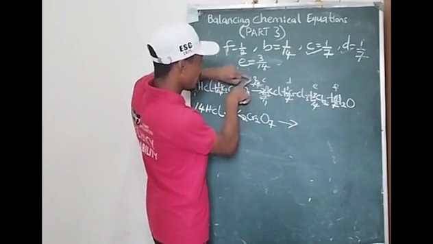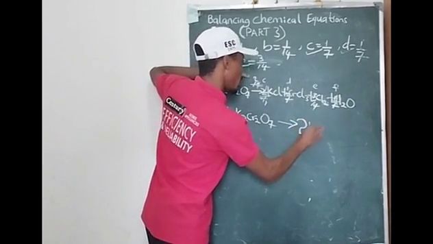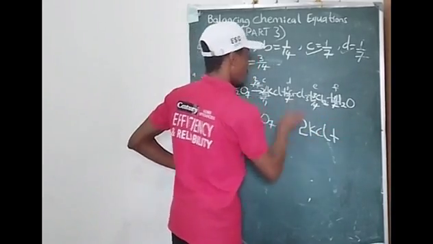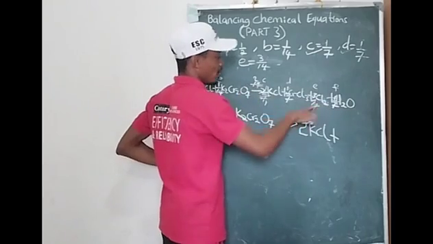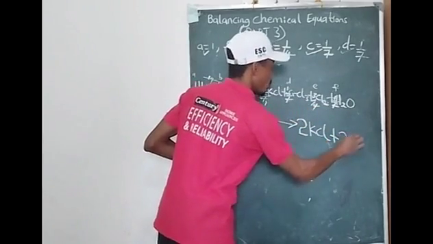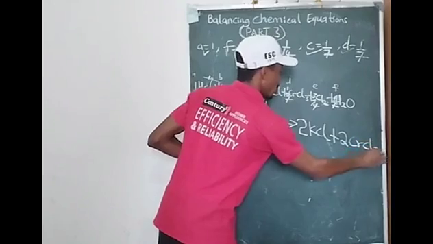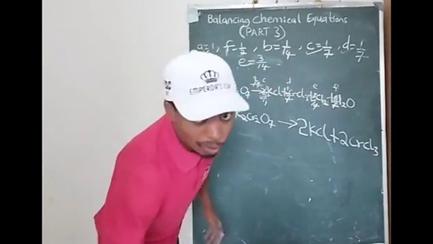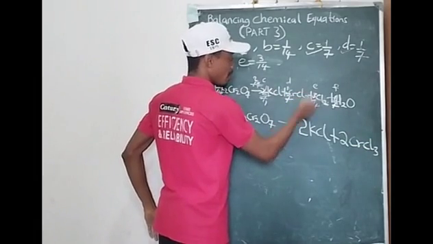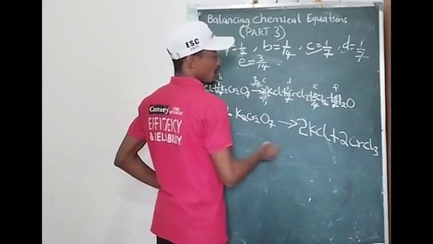So what I am seeing here is 2 moles of potassium chloride. And the next, 14 times 1 over 7 will give me 2, so this is 2 moles of chromium 3 chloride.